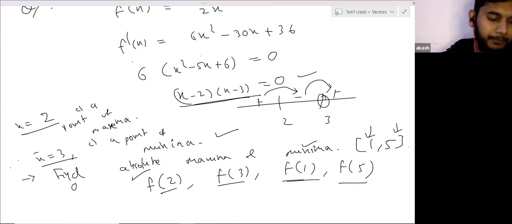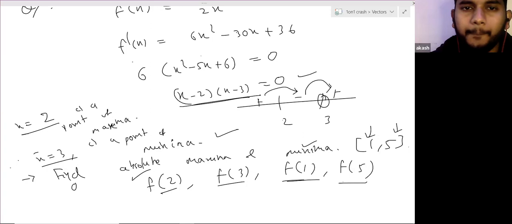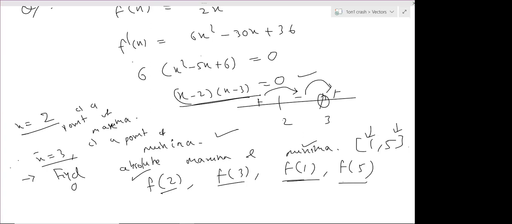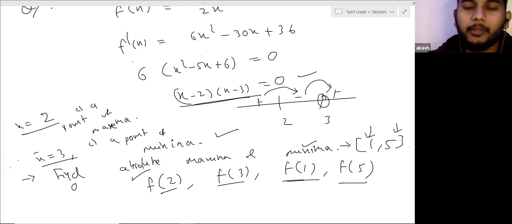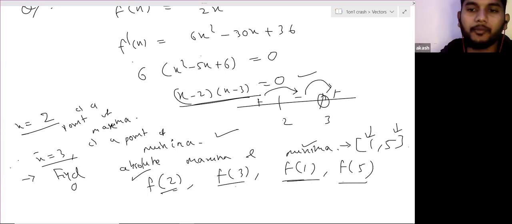Clear? These 1 and 5 values were given, right? Yes. It will be given in the question: find the absolute maxima and minima of the function f of x between the interval 1 and 5, a and b, and so on. So please find f of 2, f of 3, f of 1, f of 5.